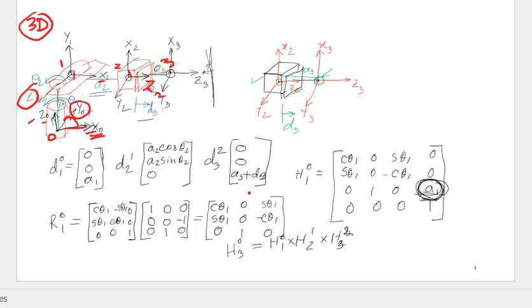Okay, then if we consider this z1 and rotate this way, that means z2 has gone to that place.